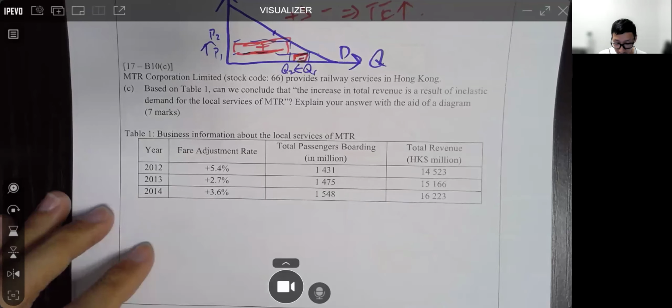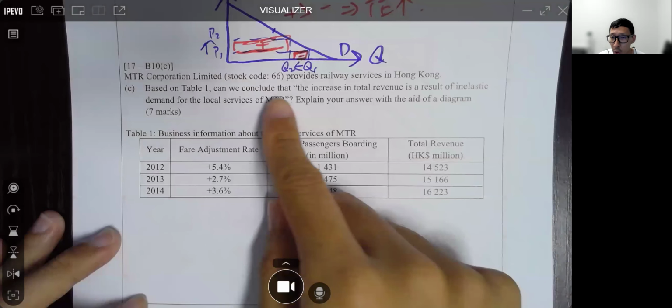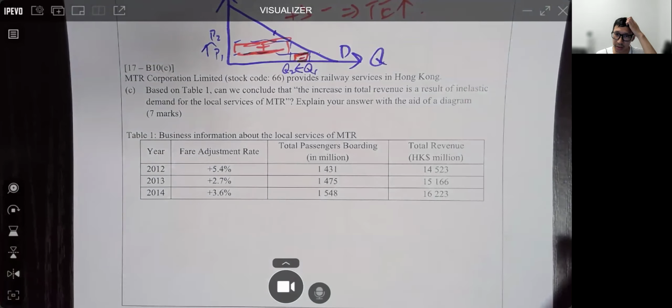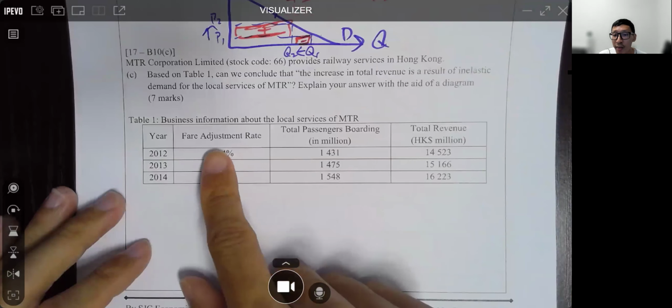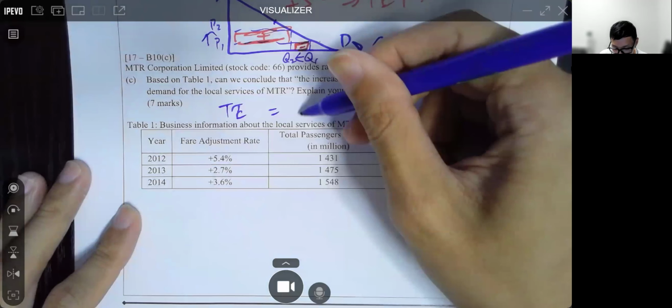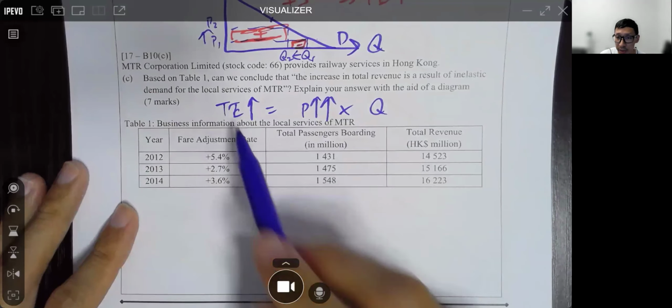Now finally, let's look at this question here. Based on table 1, can we conclude that the increase in total revenue is a result of inelastic demand for local supply? 嗱，好啦，佢想講咩啊？Here you see fare increase，因為啲咩啊？TE equals to P times Q. We see that TE increase, total revenue increases.